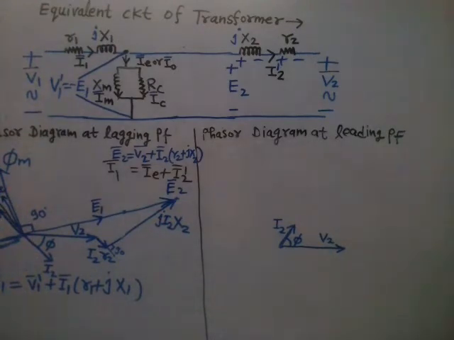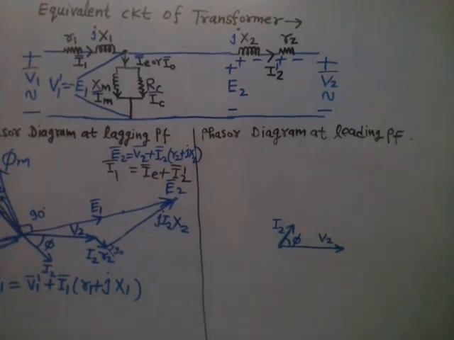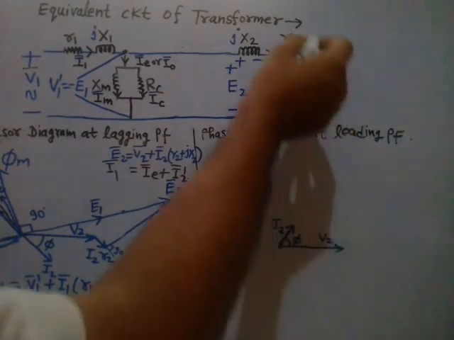So in step number 1 we have drawn I2, leading V2 at leading power factor angle phi, right? Now in the second step, draw I2 R2, then draw j I2 X2, then get your E2.